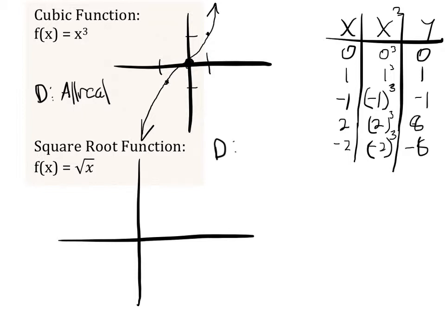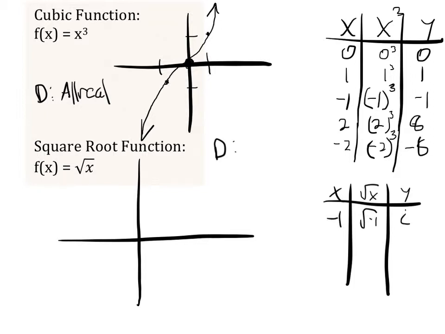Because for the square root function, what's the one thing we can't square root? Those would be negatives. So when I create my xy chart, x, square root of x, y, I can't plug in a negative 1 because square root of negative 1 is i, and that's not graphable, at least not on a real function. So I need to plug in 0, 1, maybe 2, and I'm going to do 3 just for the heck of it.